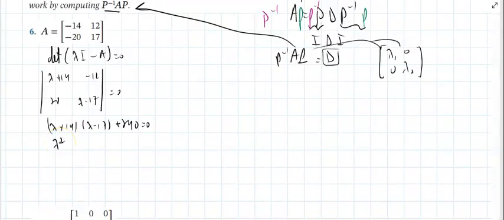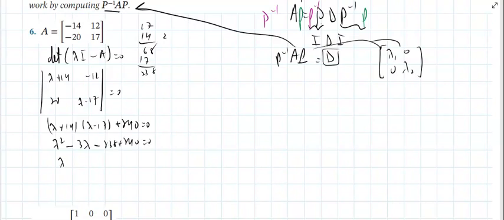And that will be lambda squared minus 3 lambda plus, minus 14 times 17, 238, plus 240.